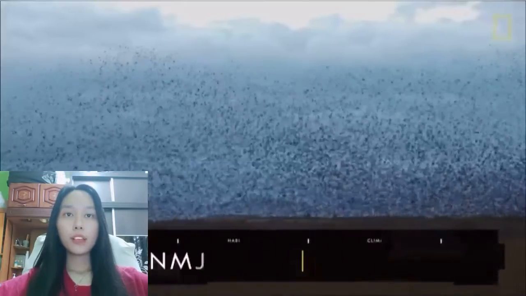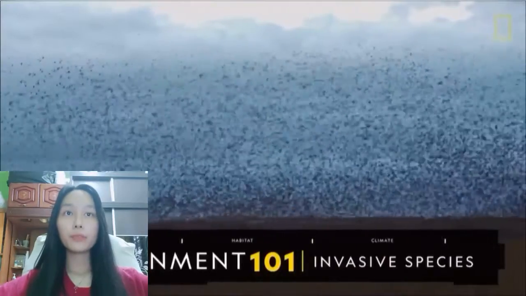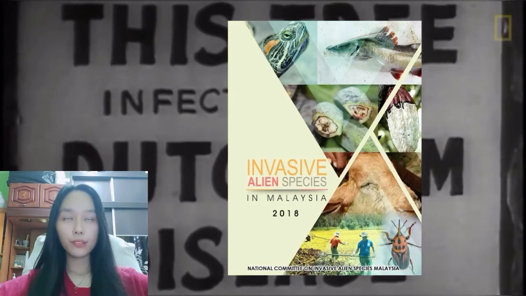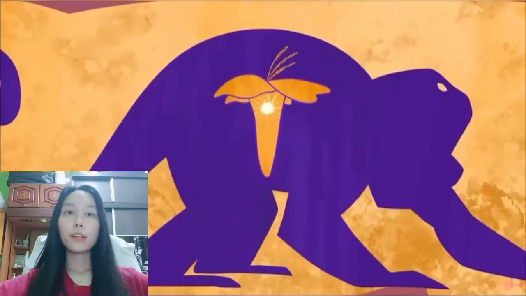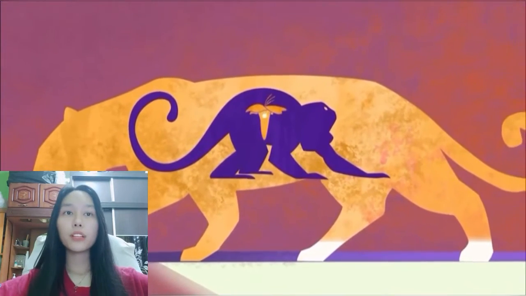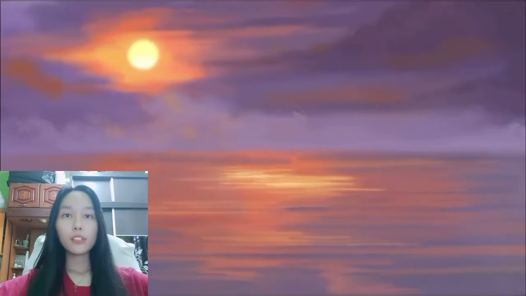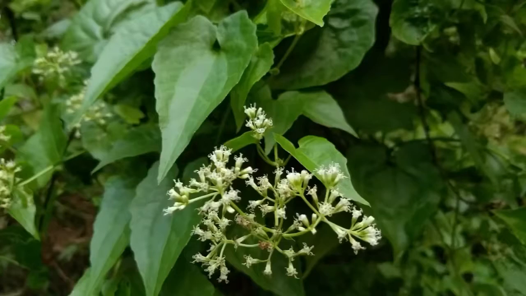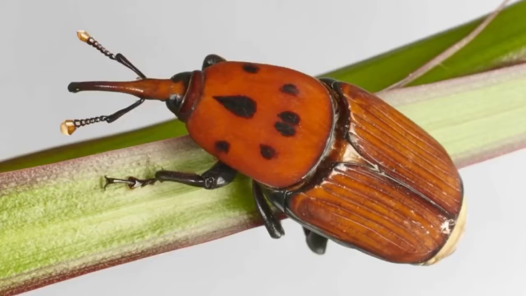Invasive species have a long history and background in Malaysia. According to Invasive Alien Species in Malaysia 2018, we can learn about invasive species that have been introduced in Malaysia. The alien species in Malaysia can be classified into several types, such as fish, mollusks, crustaceans, coral, plant, virus, fungi, insects, and bacteria.